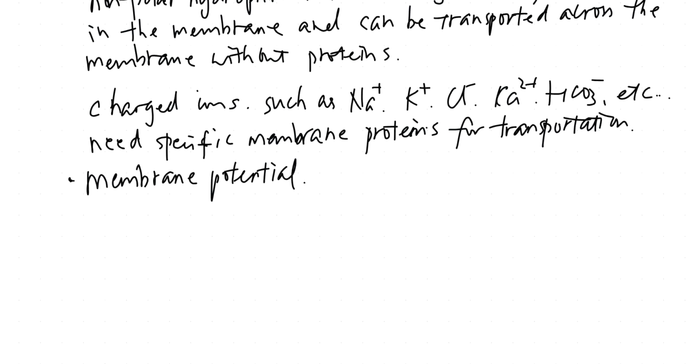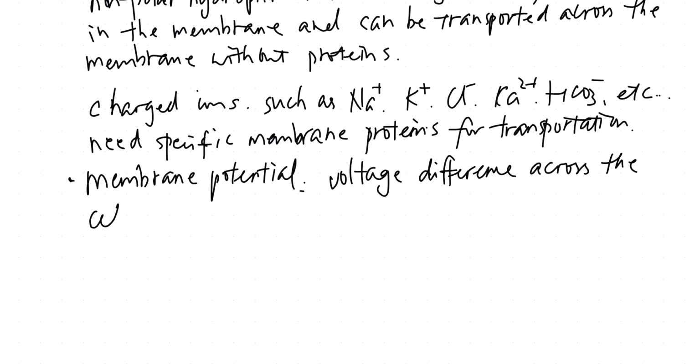And those collectively contribute to the membrane potential. So the membrane potential is the voltage difference across the cellular membrane. We usually give it a notation called Vm.